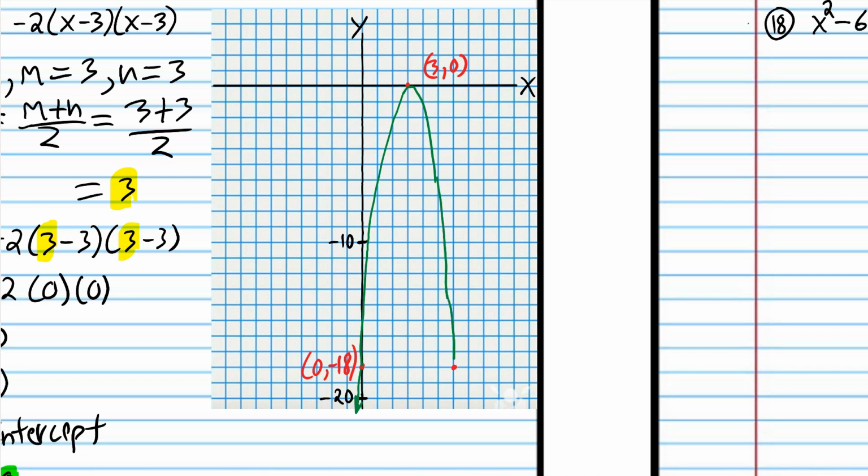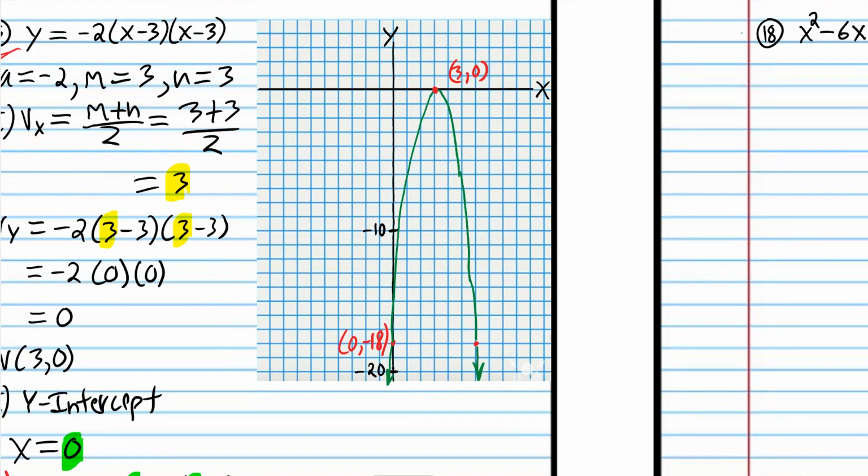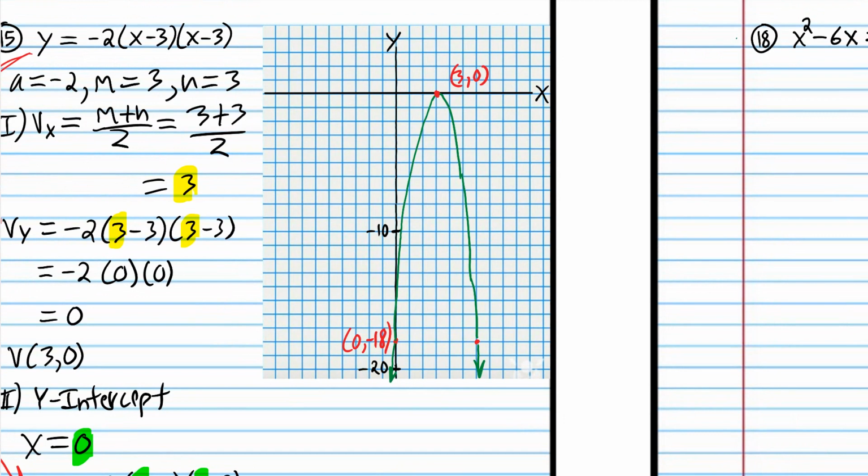I didn't really center that very well, but again, this is not an art class, as long as you get the main idea. Now let's draw the line of symmetry. And the equation is x equals 3, the x value of the vertex.